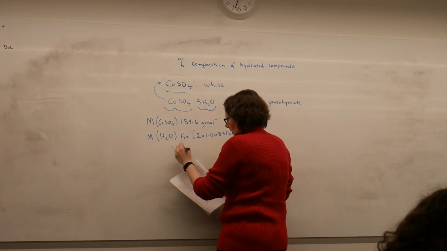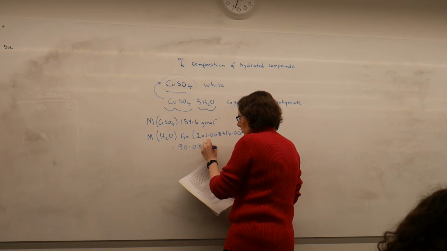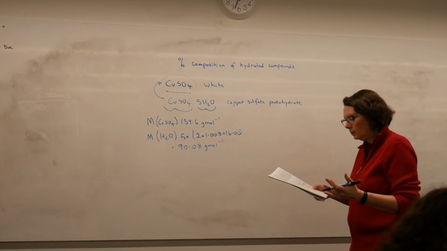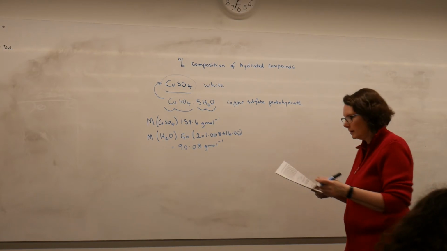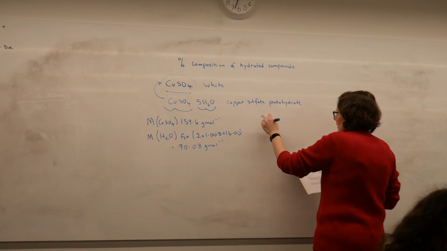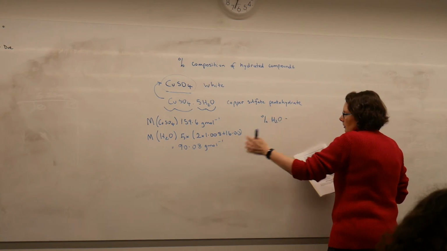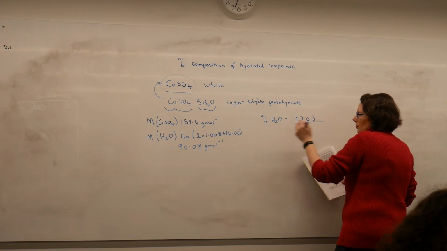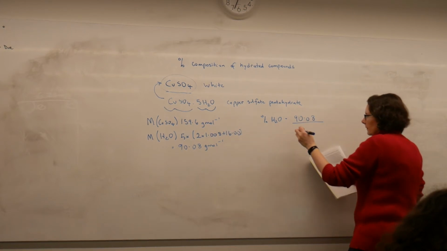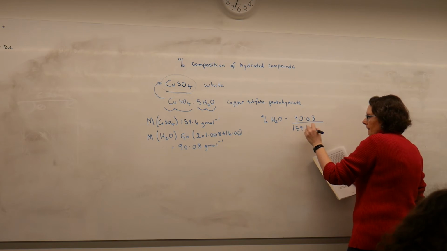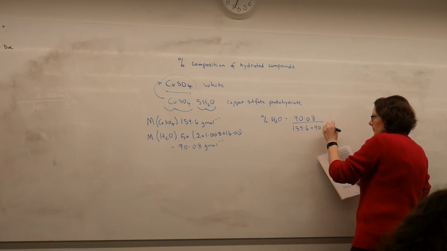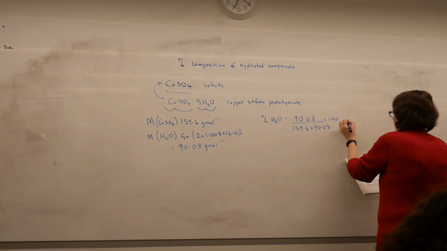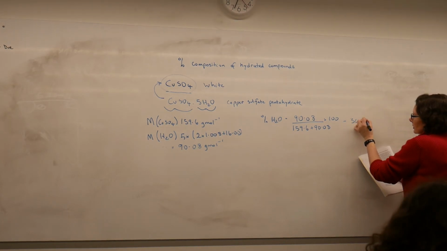It's 90.08 grams per mole. And so if we then work out the percentage water, it's going to be this divided by these two added together, times 100, which gives us 36.1%.